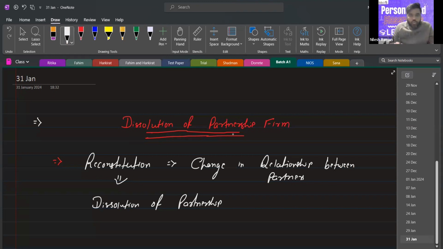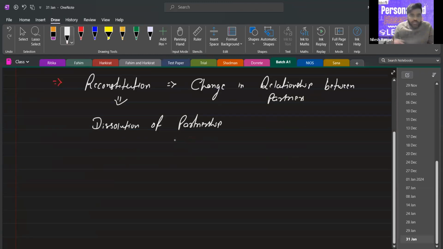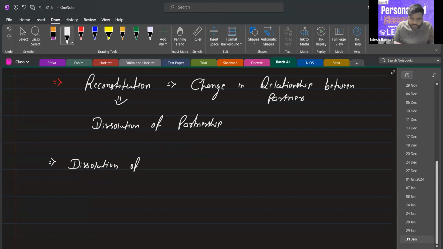Okay, so both are different. Dissolution of partnership is a different thing, dissolution of partnership firm is a different thing. How it is different, we will discuss that. Dissolution of partnership firm, or you can say simply dissolution of firm, means end of relationship between partners.